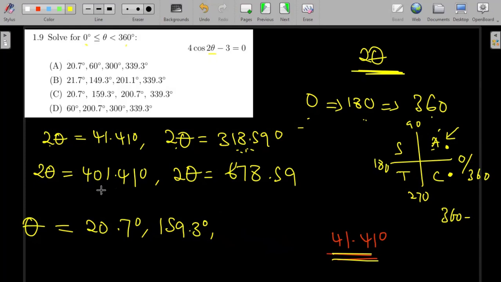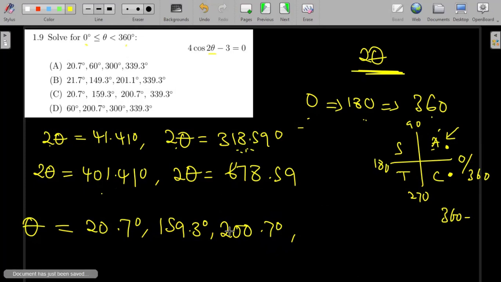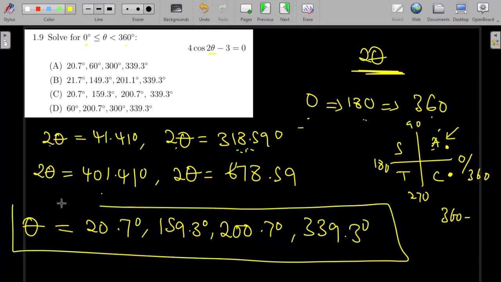Then 401.41 divided by 2, I get 200.7 degrees. And the last one is 678.59 divided by 2. That gives me 339.3 degrees. So now these are our values for theta.